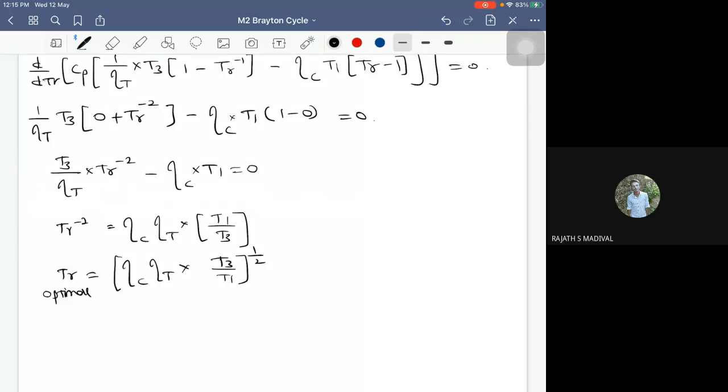Is it correct now? Then efficiency 1 efficiency of C into 1 efficiency of T. Sir, the 1 should go to the denominator, the efficiency. No, these are efficiency values. These are constant values.